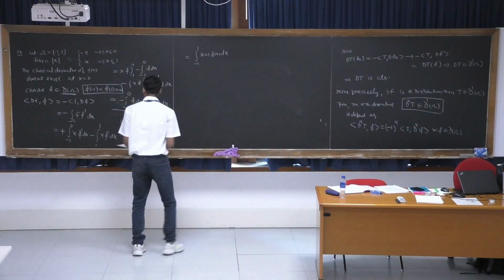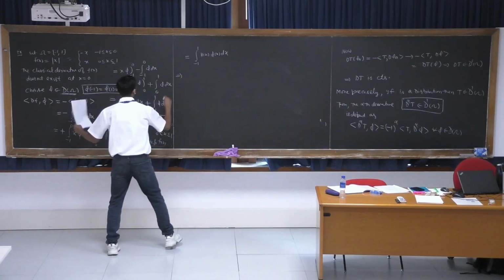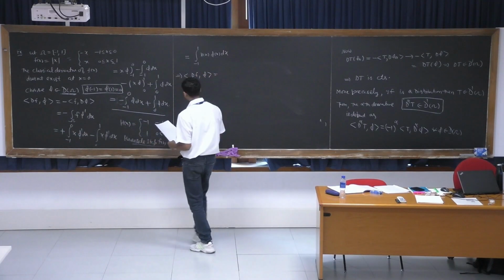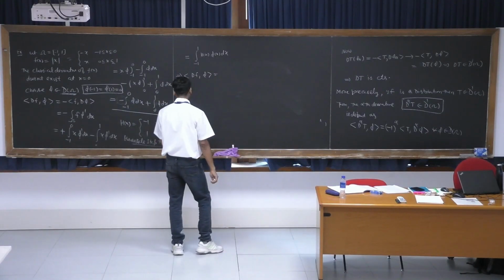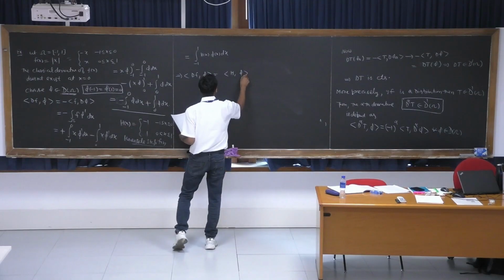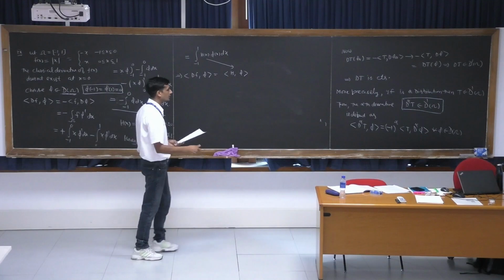Okay, so what did we get? We start with df applied to phi, and that is equal to the integral of H and phi dx, because this can be written as this. This is the inner product type.